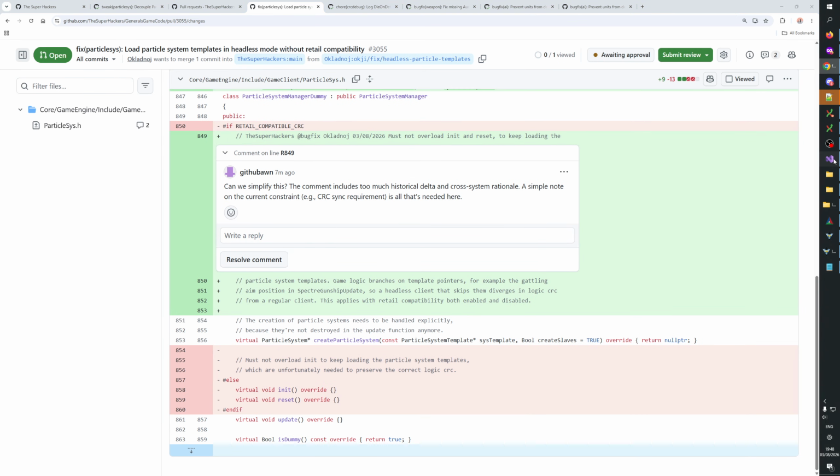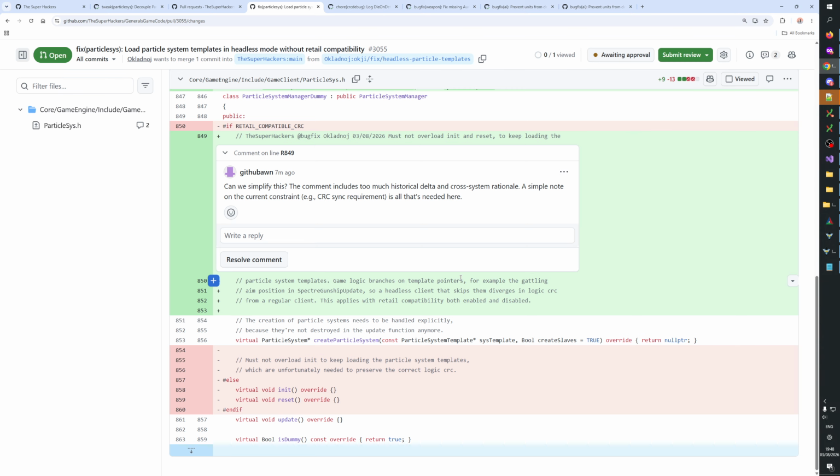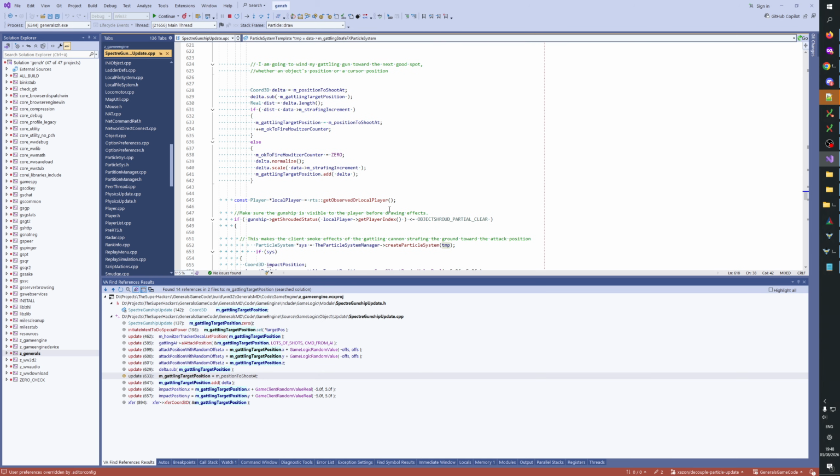So I'm trying to understand right now what we need to do. But to me, right now, this looks suspicious. It looks suspicious because this was very intentional that we said on retail compatible CSC, we allow to create the particles and otherwise not. So I think what should happen is this one should do, where's TMP going?